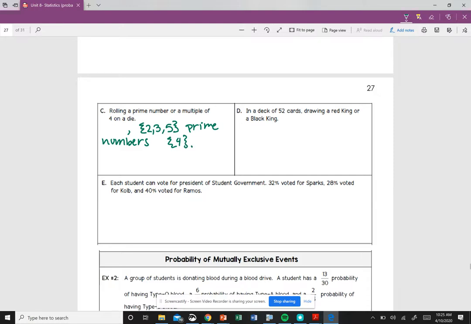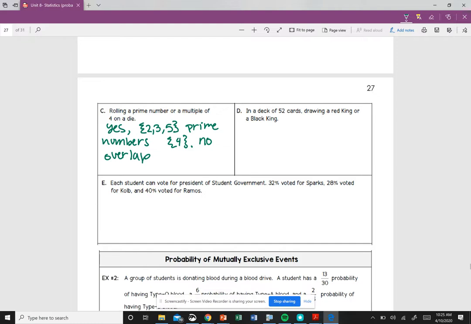So do these have no overlap, or do they have overlap? No overlap, so they are mutually exclusive. So I'd put yes. So no overlap.